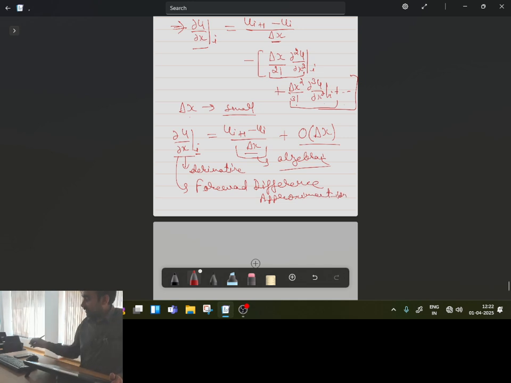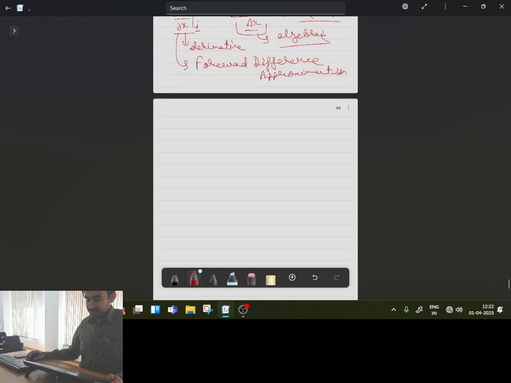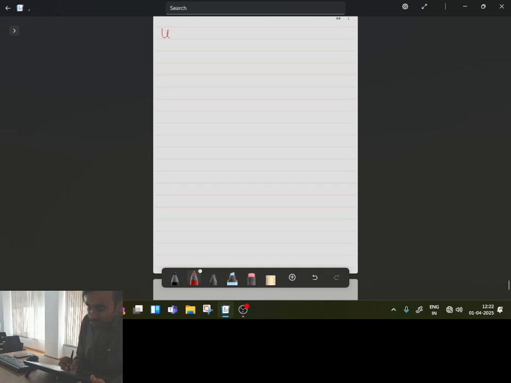In the similar way, if you have to calculate u at point I minus 1, that will become u at point I, minus delta x into del u by del x at point I, plus minus delta x whole square divided by 2 factorial into del square u by del x square at I, plus so on up to like this.